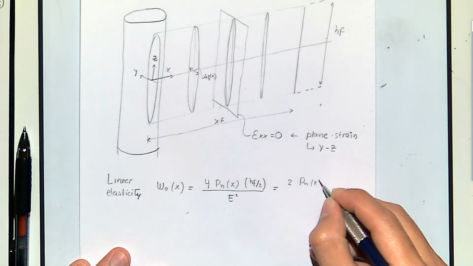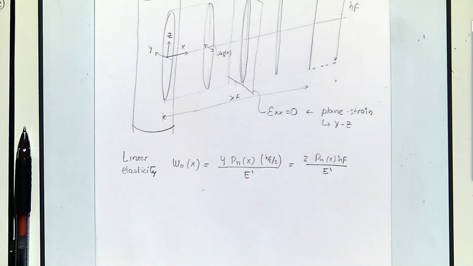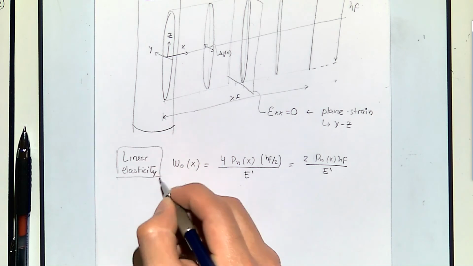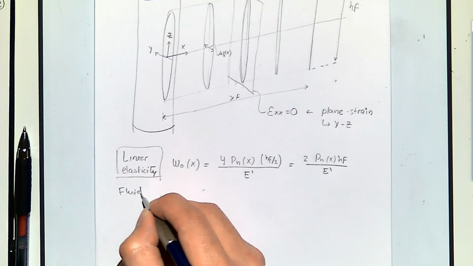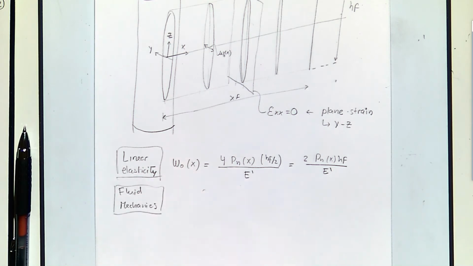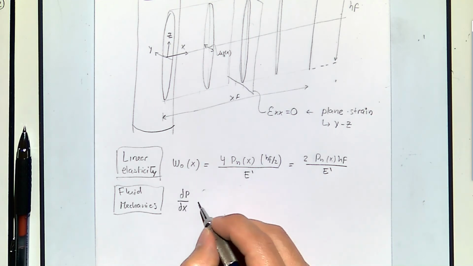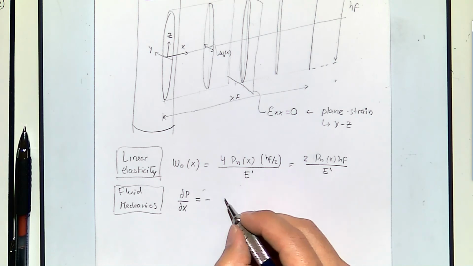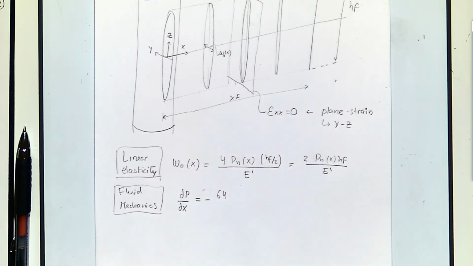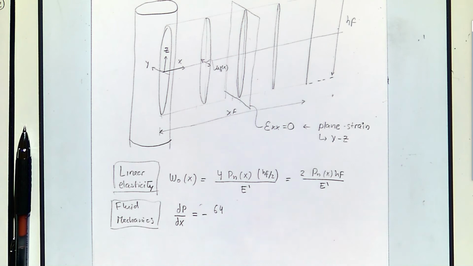The next thing that we're going to do is we're going to use the equation of fluid mechanics for laminar flow and a Newtonian fluid that tells me what is the gradient of pressure for 2 parallel, actually not 2 parallel, an ellipsoidal aperture, and this is equal to this.